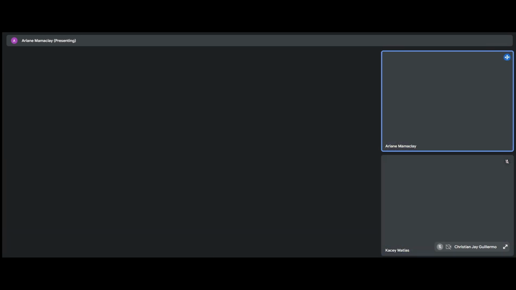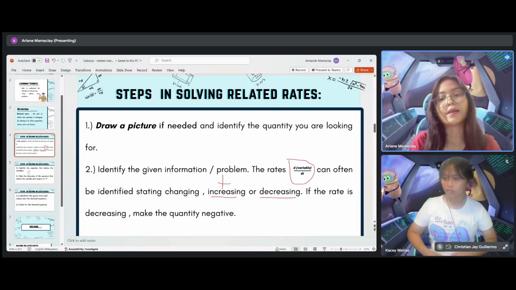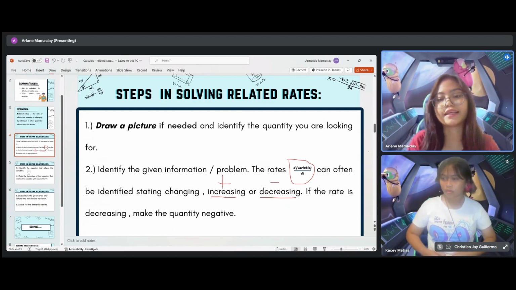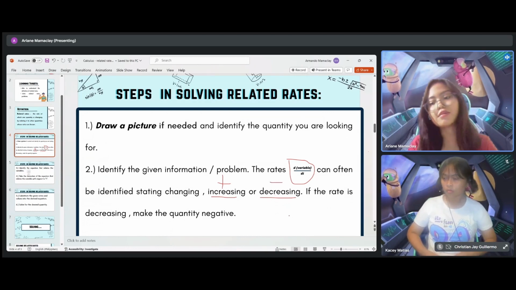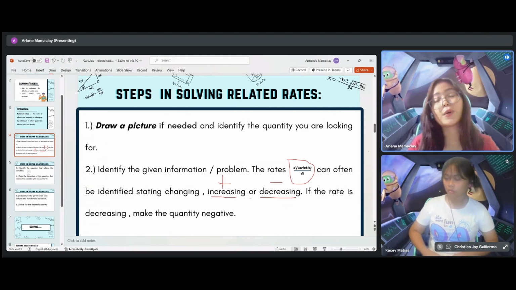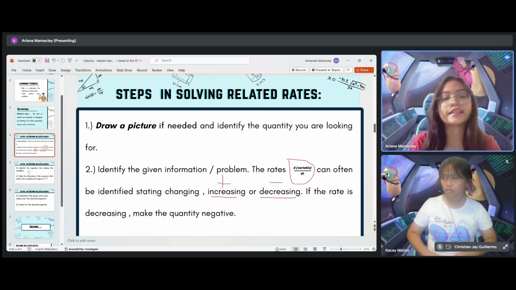Pag increasing, ang sign natin dyan is positive. Pag decreasing naman, negative siya. So, kapag yung rate natin is decreasing, lalagyan natin yung quantity ng negative.